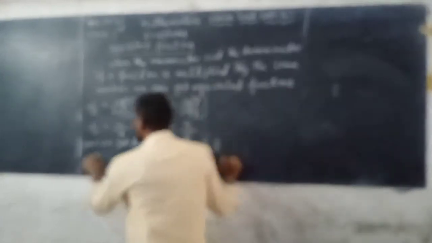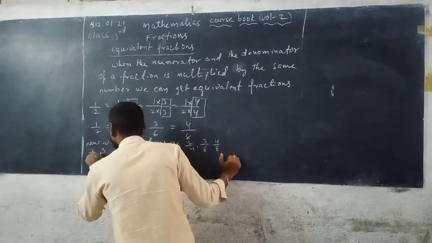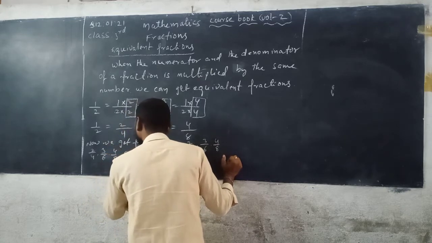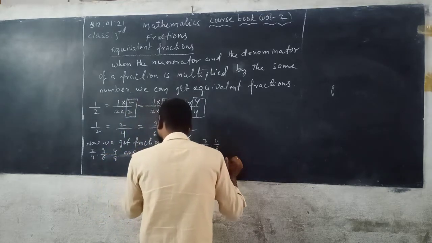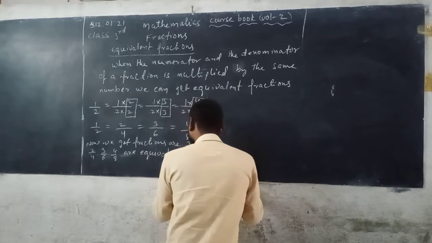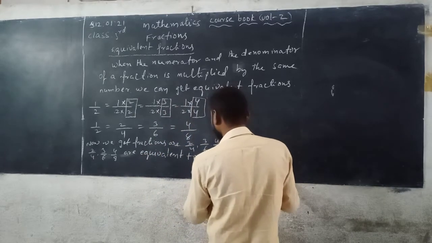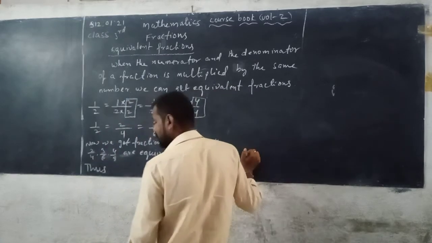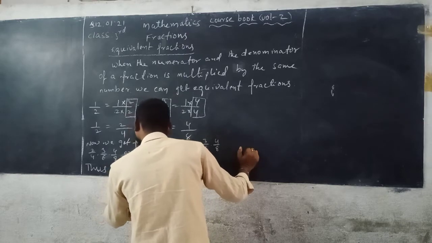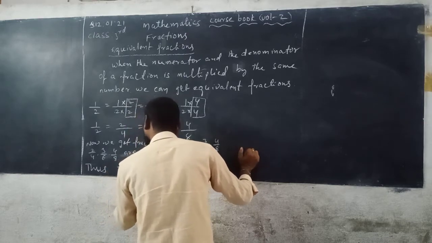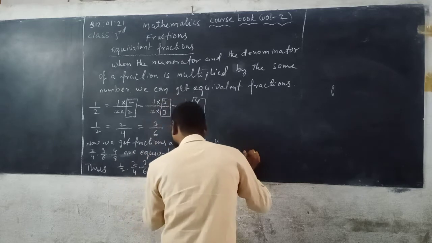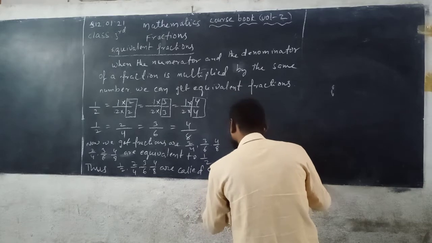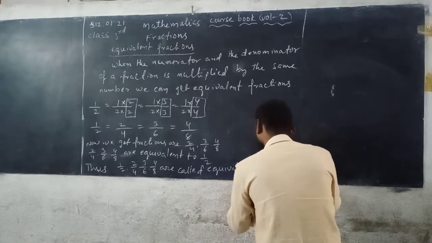See here, 2 by 4, 3 by 6, 4 by 8 are equivalent to 1 by 2. Thus 1 by 2, 2 by 4, 3 by 6, 4 by 8 are called equivalent fractions. Write down, everybody.